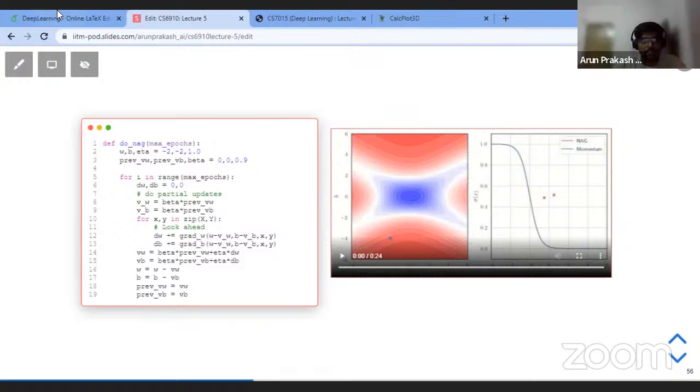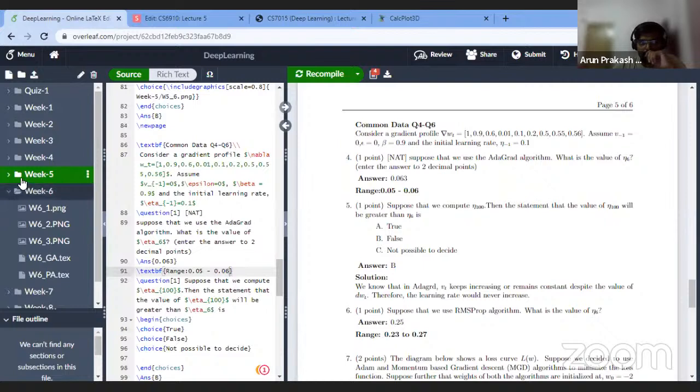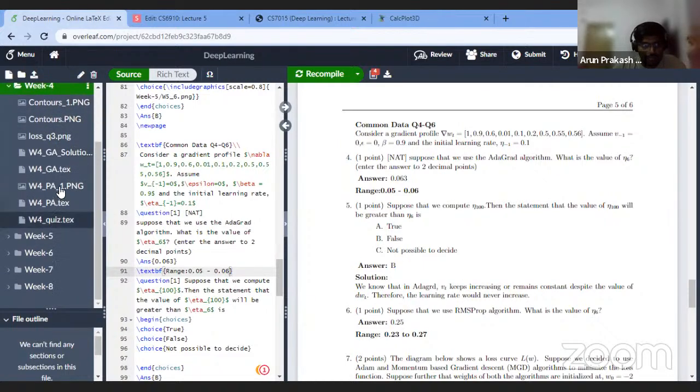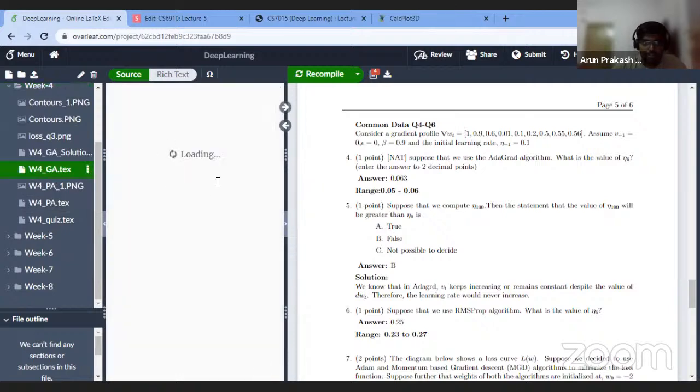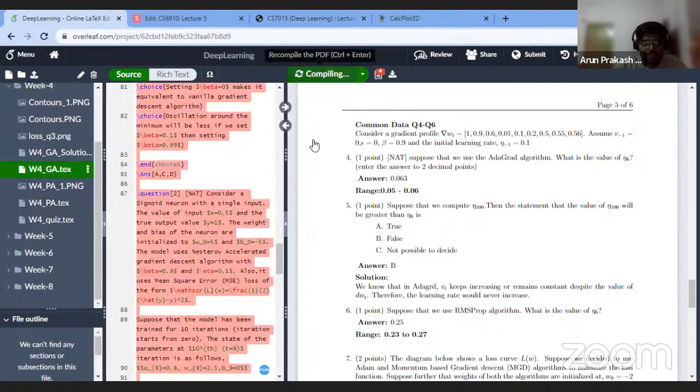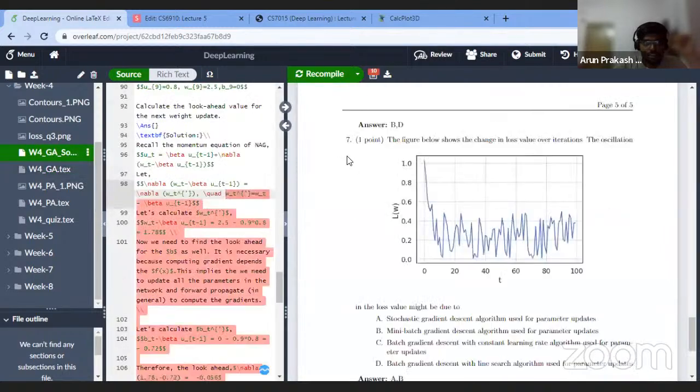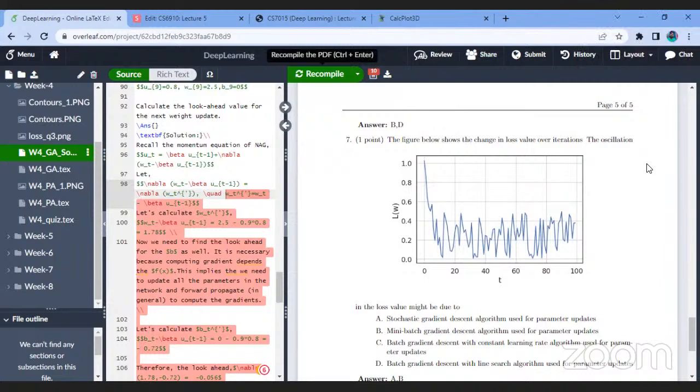Were you able to understand the solution? Sir, let me explain the solution first. If you are not able to understand it, then you can pinpoint which part you are unable to follow.